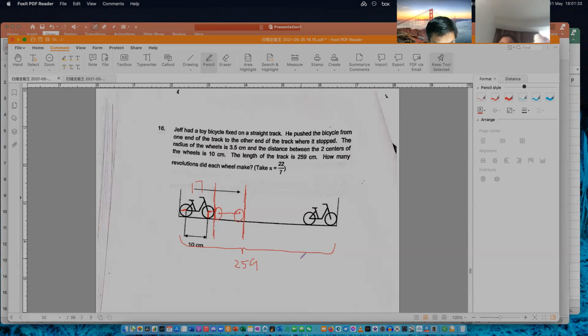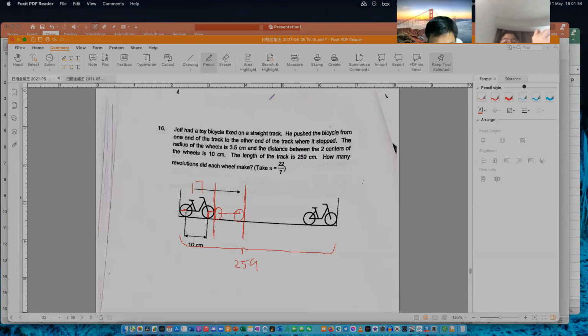It's a decimal number. So that means you don't get a whole number.